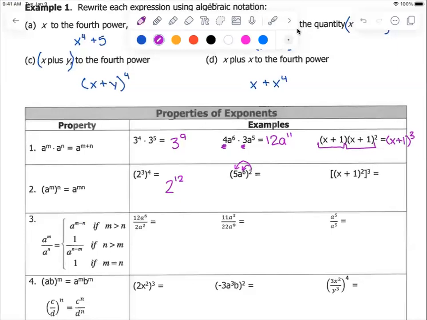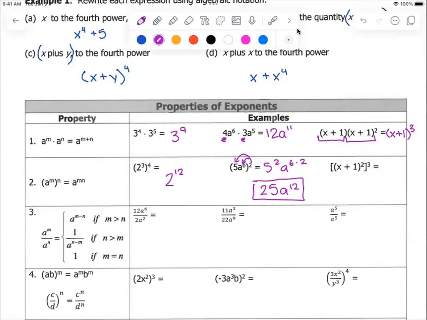So the coefficient 5 is like saying 5 squared. And then the A is like saying A 6 times 2. So if you simplify that, 5 squared is 25. 6 times 2 is 12. And a lot of people will just simplify it right away. I'm fine with that. Next one, we have 2 quantities of x plus 1 to the 3rd, which means we end up having 6 of them. So you have x plus 1 to the 6th power.